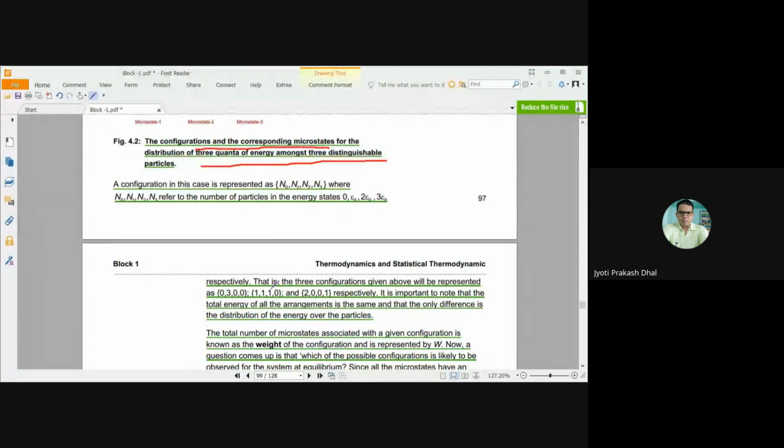And here a configuration is represented as N0, N1, N2 and N3, where N0, N1, N2, N3 refer to the number of particles in the energy states. Here we are discussing the second case, where 5 particles are arranged in different energy levels. So the configuration is represented as N0, N1, N2, N3, where these represent the number of particles in the energy states 0, epsilon 0, 2 epsilon 0 and 3 epsilon 0 respectively.